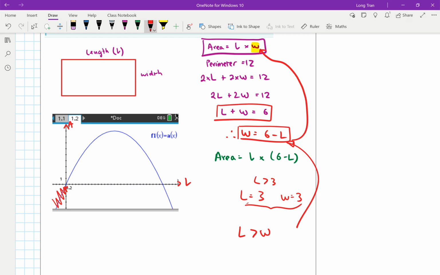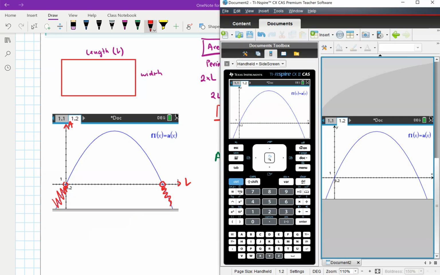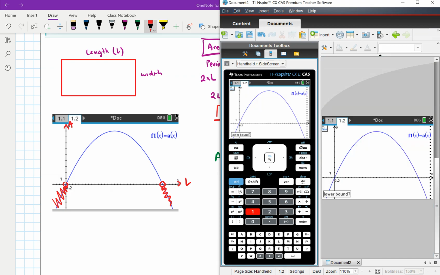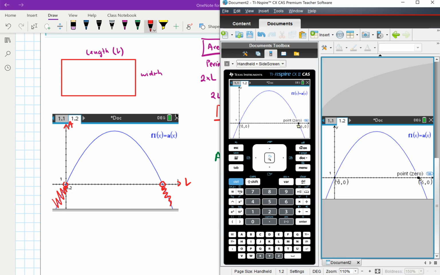That's the point. But let's find out, if we were to sketch this, just to work on our skills here, what are the x-intercepts? We know the axis intercepts are 6, 1. So from here to here is 0 to 6.